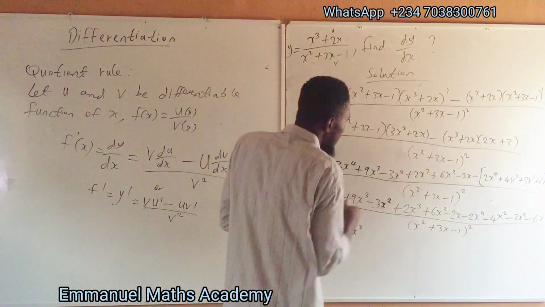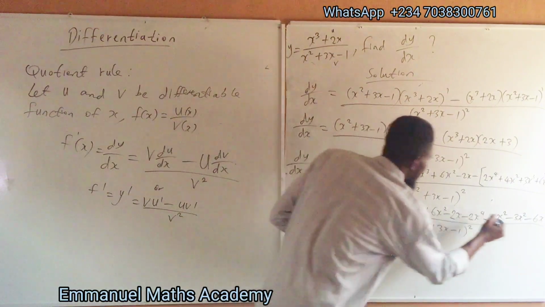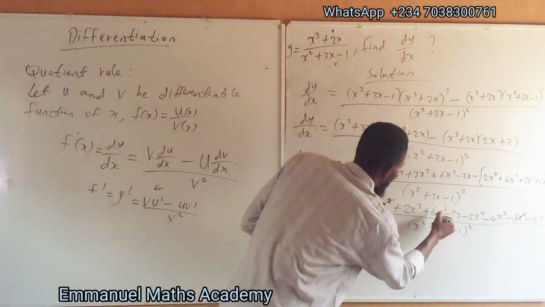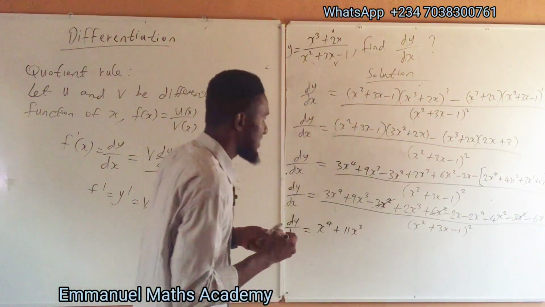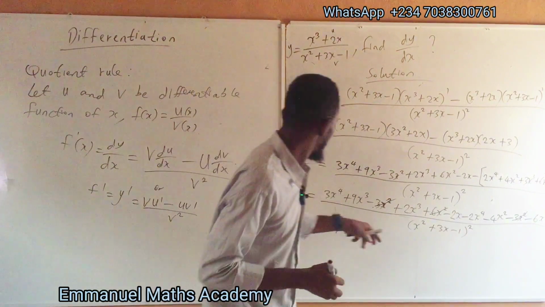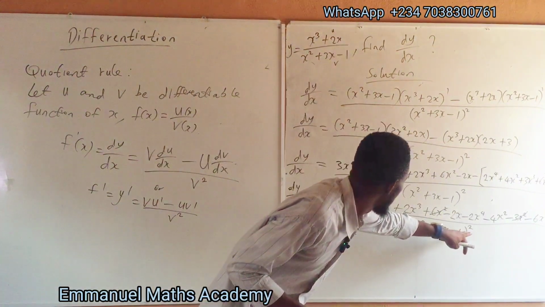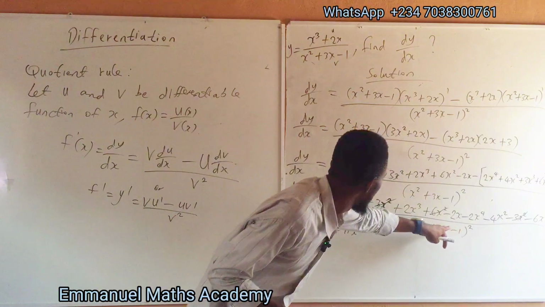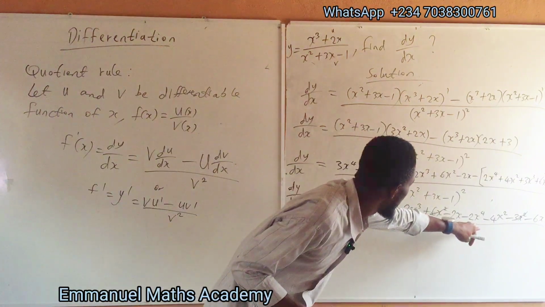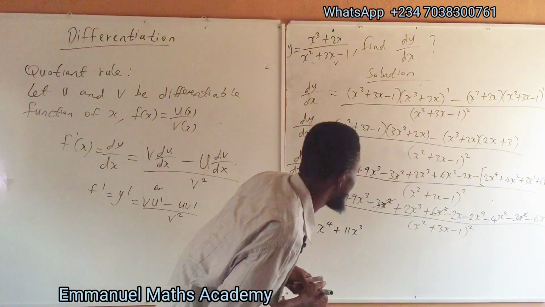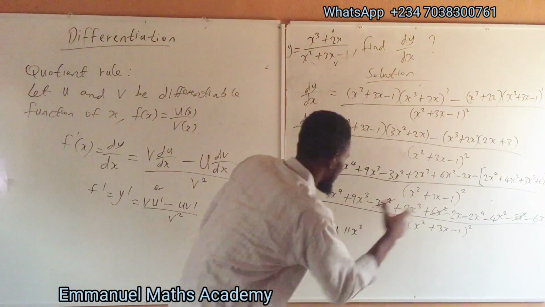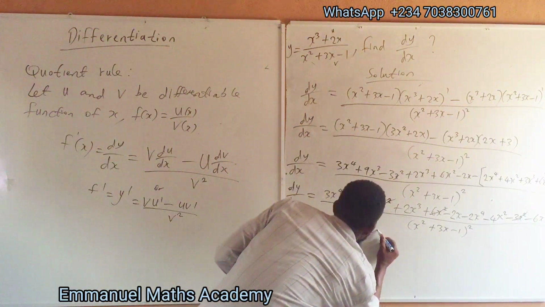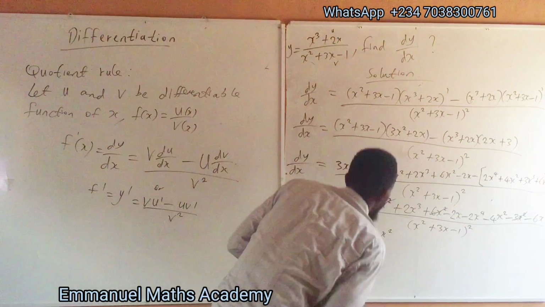So if you are having minus 6, this is minus 6x^2, it will cancel out this. Is that correct? Now, how many power 2 are we having here? We are having only 1 power 2. You have minus 4x^2.